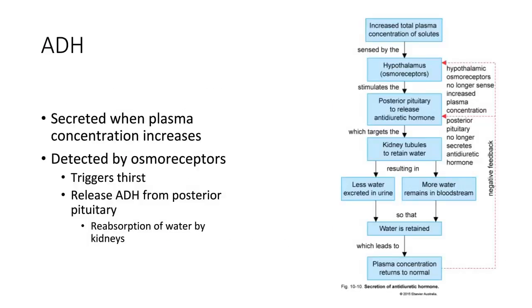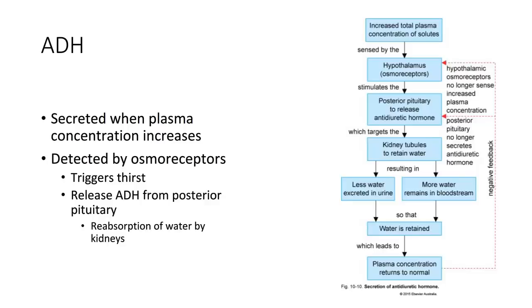Now we need to talk about the hormones that affect water balance, and we're going to start with antidiuretic hormone. And whenever the plasma concentration increases, so we have too much in the way of proteins, too much in the way of sodium within our plasma, then ADH will be triggered for secretion.